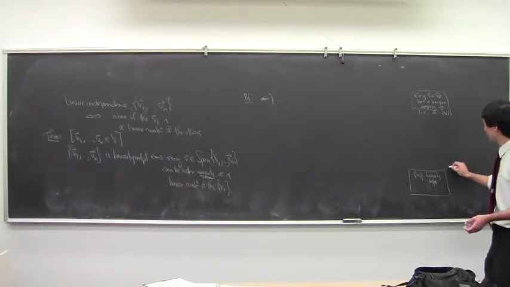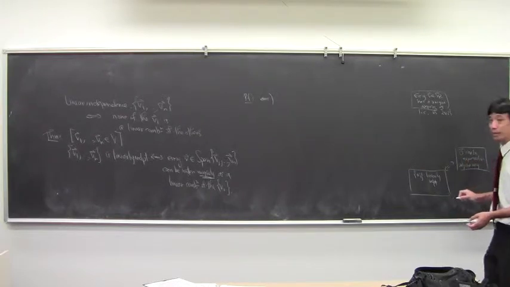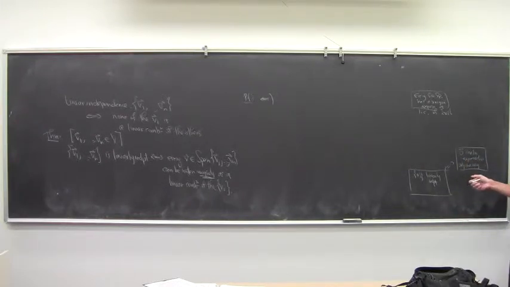So this is equivalent to saying that 0 can be expressed in only one way. There's only one way to get the 0 vector, namely by multiplying all the vectors by 0 and adding them together.